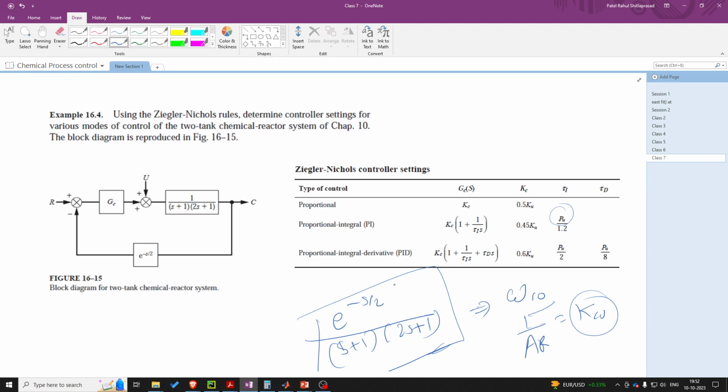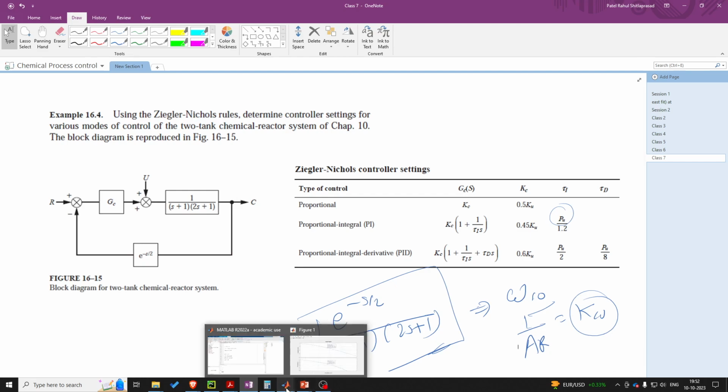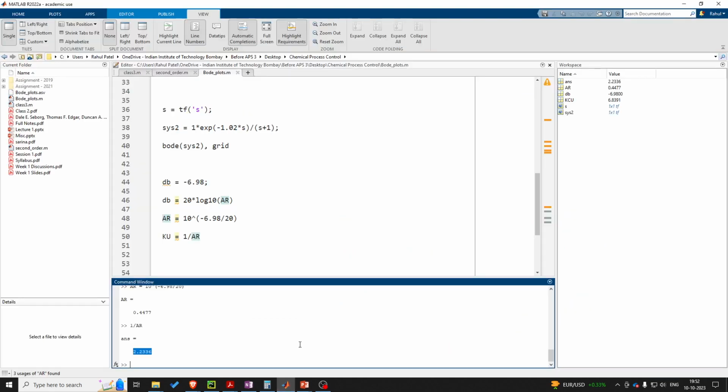So I'll just show you the solution using MATLAB. First let me write the transfer function.